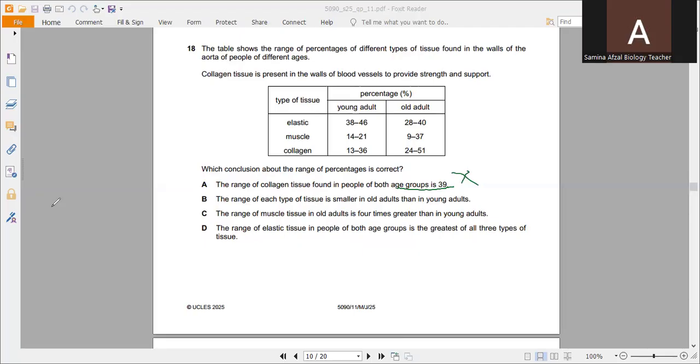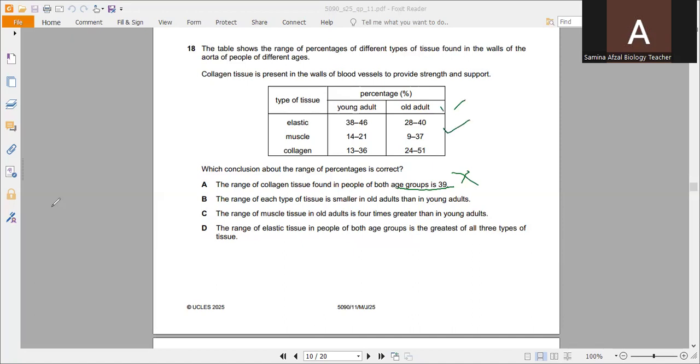The range of each type of tissue is smaller in old age than in young age. You can see 38 to 46 and 14 to 21, whereas it is 28 to 40 and 9 to 37.